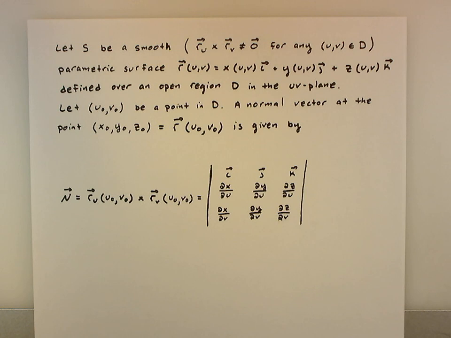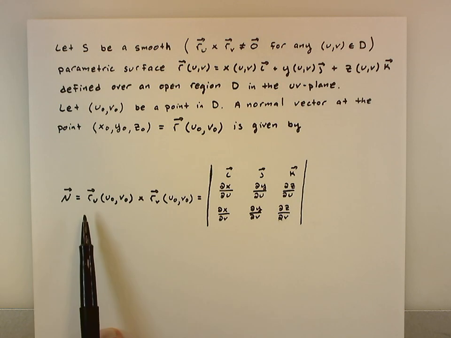If S is a smooth parametric surface where r of u, v is x in the i direction plus y in the j direction plus z in the k direction, defined over an open region D in the uv plane, let u naught, v naught be a point in D. A normal vector at the point x naught, y naught, z naught equal to r of u naught, v naught is given by the following formula.